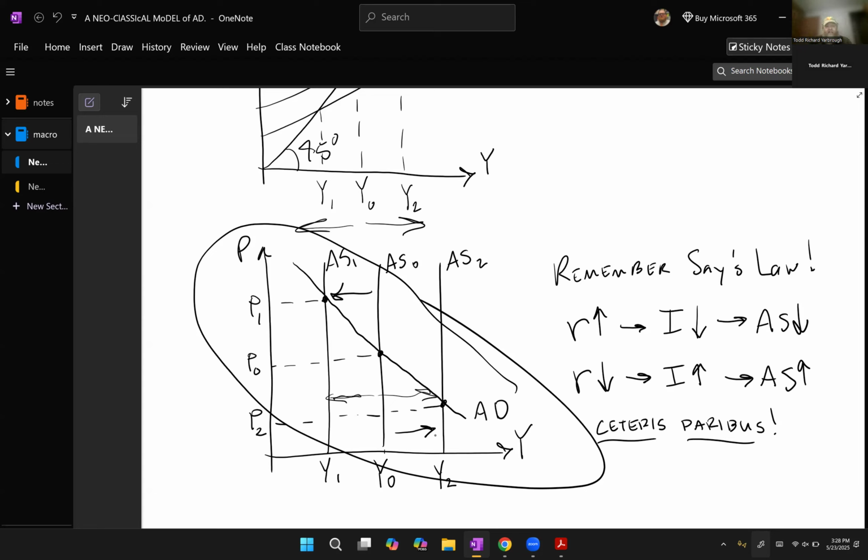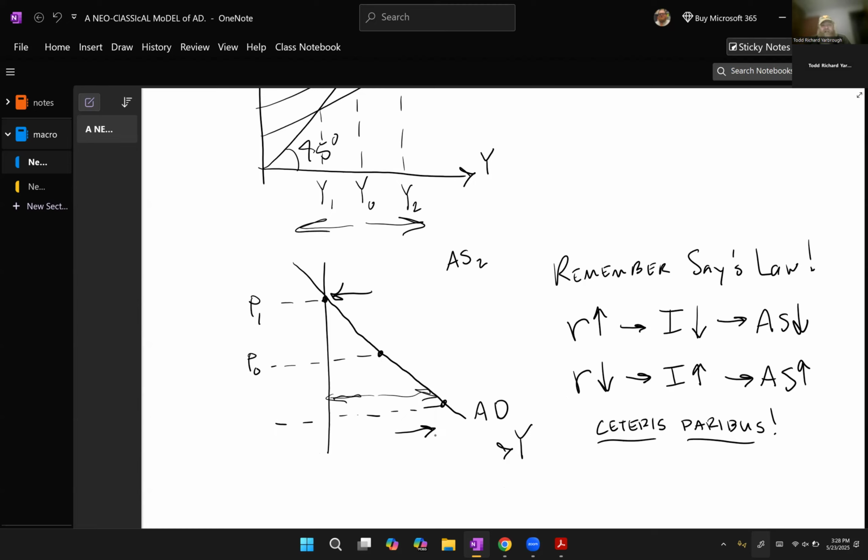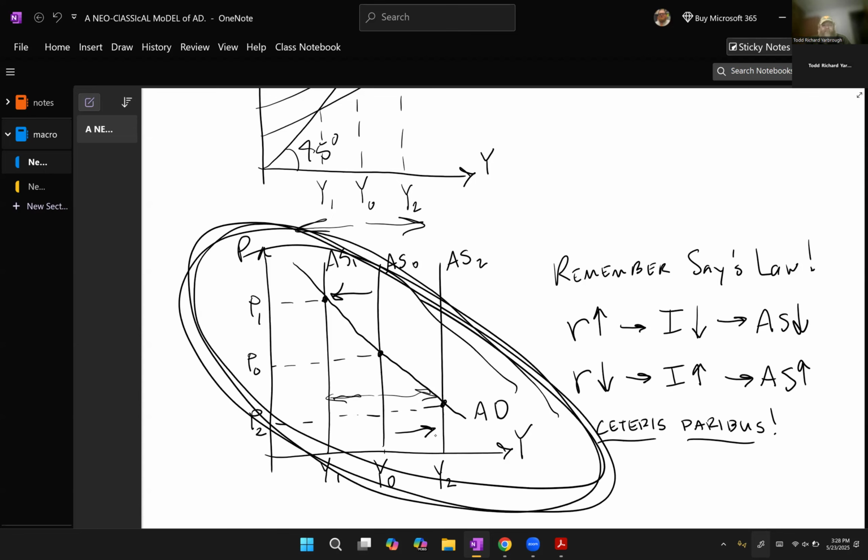We've taken the classical and neoclassical models, developed those ideas, microfoundations. We then took money, embedded it into the neoclassical model, and now we have a full concept of aggregate supply and aggregate demand in the neoclassical sense. Pretty cool. See you next week.